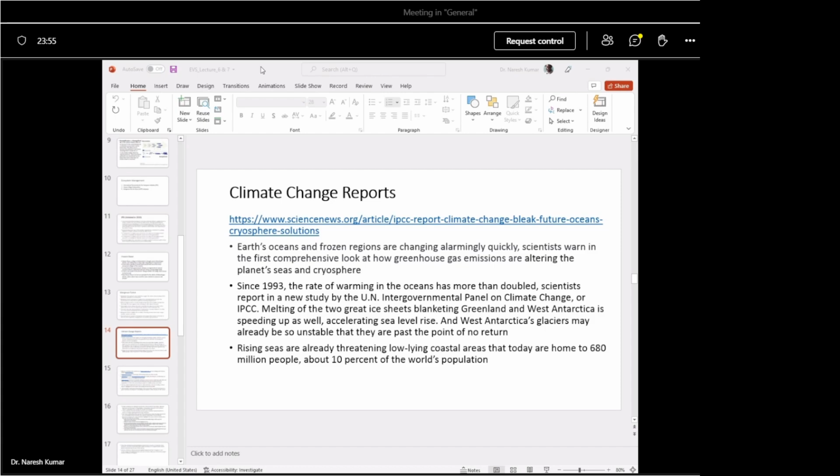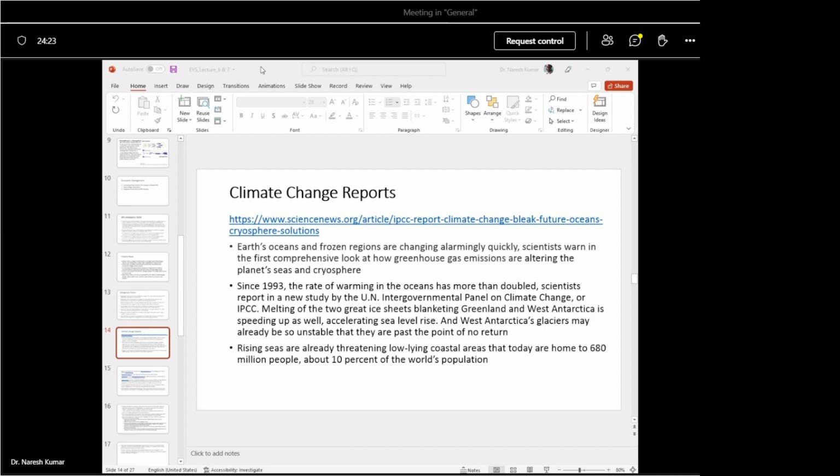Now let me expand it a little bit more. Whenever we say climate change, most of us believe that it is just global warming. No, it is not global warming only. It can be global cooling, it can be any erratic pattern in weather. Many times we also use the terms weather and climate interchangeably, but they are not the same.